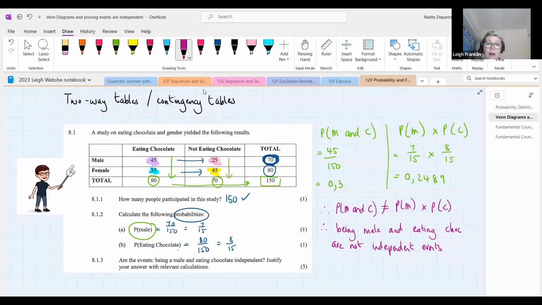That's 8.1.3. So very important when they ask you a question like that, are they independent events? You cannot start off assuming that they are. You've got to use the rule to test it, but you are working with the left and the right-hand side of the rule separately.